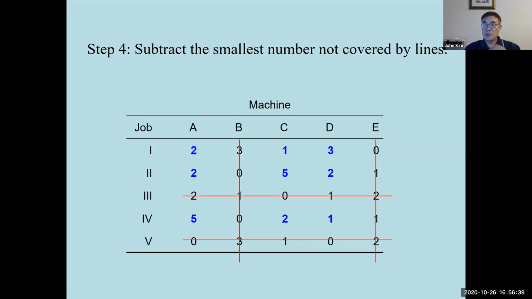Step 4, subtract the smallest number not covered by lines. This one, this one, this one are not covered by lines. Subtract the smallest among them. This one or this one is smallest among numbers not covered by lines.